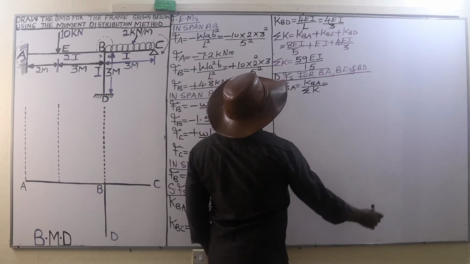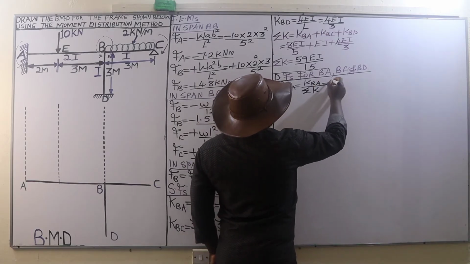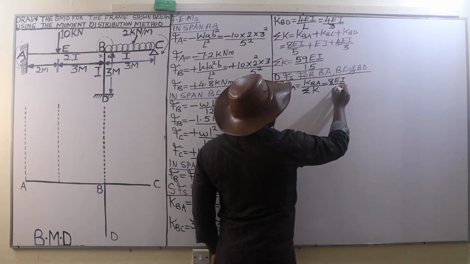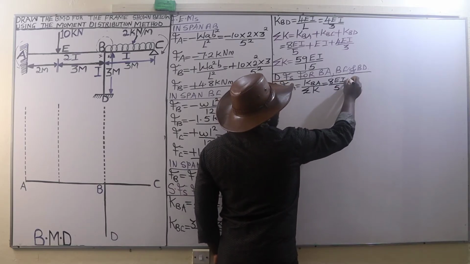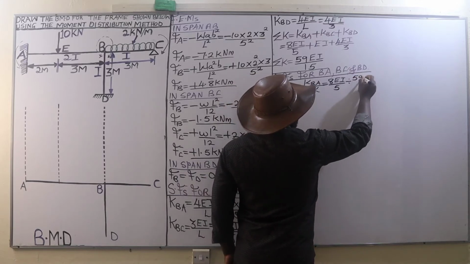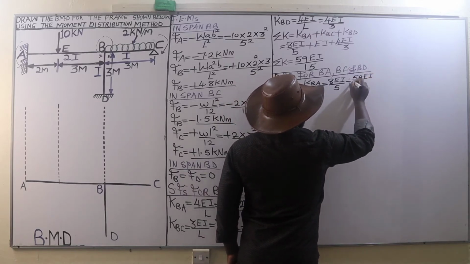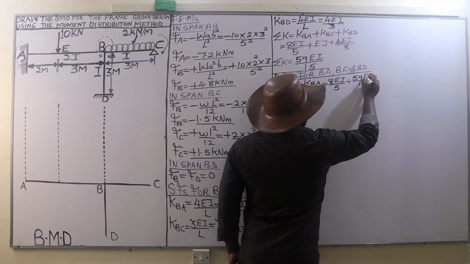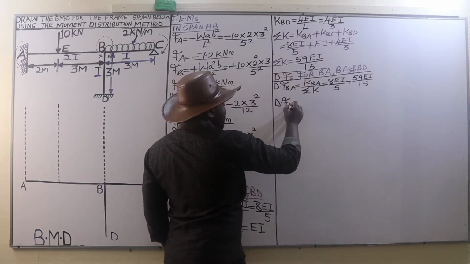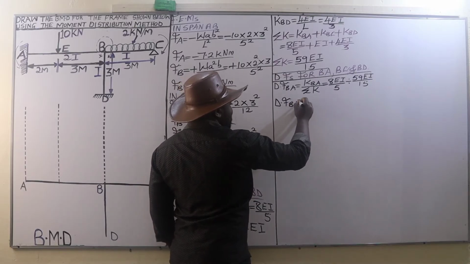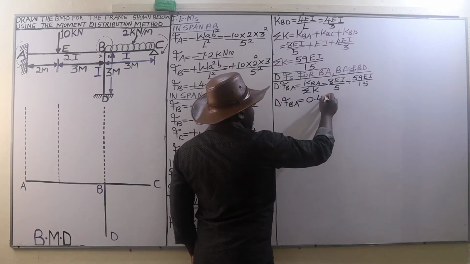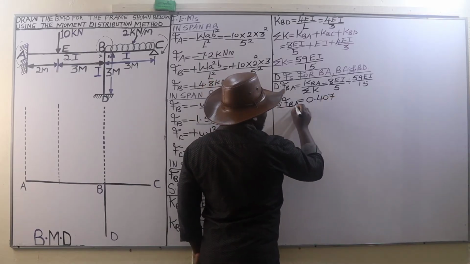This will be KBA, which is 8EI divided by 5, divided by the summation of K, which is 59EI over 15. When we do so, we get a distribution factor for member BA of 0.407.